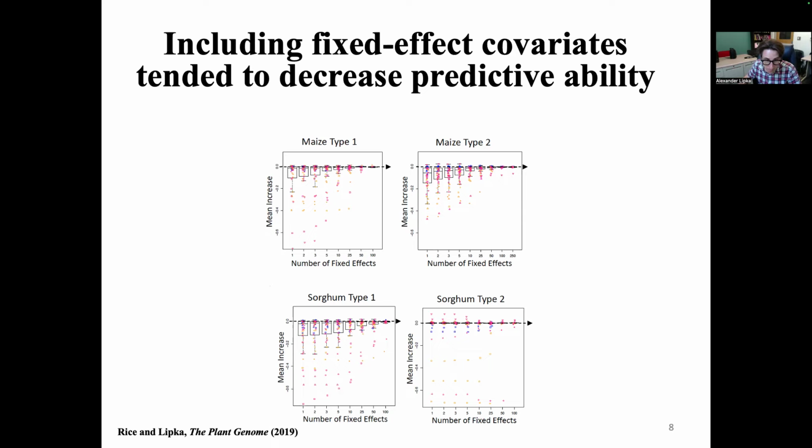So most of the time, these box plots tend to be less than 0. So more often than not, we see a decrease in predictive ability when including peak GWAS markers as a fixed effect covariate. So usually it does a worse job than a standard RR-BLUP model.